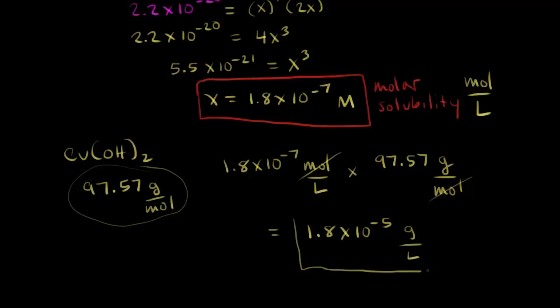So this is the solubility. In 1 liter of solution, you could only dissolve 1.8 times 10 to the negative 5 grams. So copper 2 hydroxide is not very soluble at all. That's how to figure out the solubility if you're given the solubility product constant, KSP.